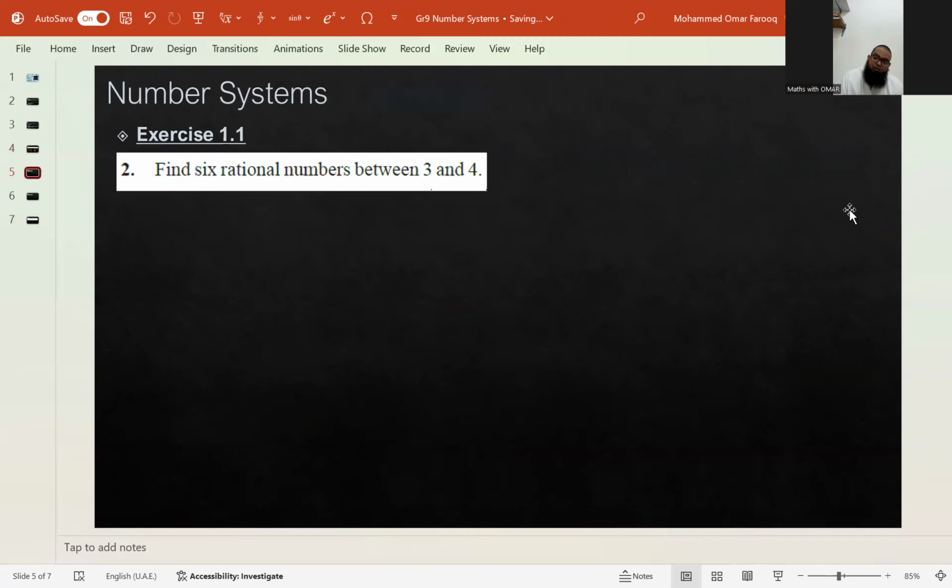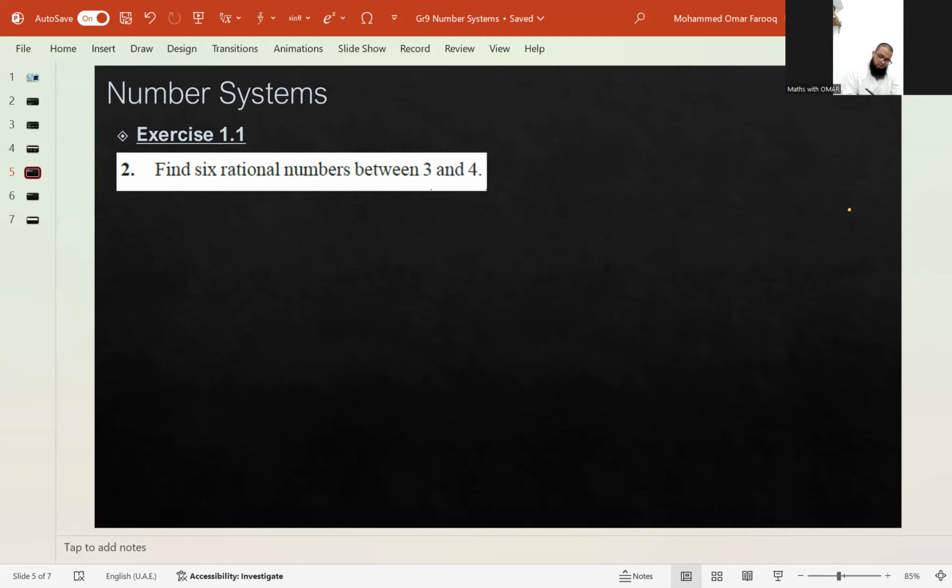The second question of exercise 1.1 is find 6 rational numbers between 3 and 4. Find 6 rational numbers between 3 and 4. Is it right, my dear students? So, 6 rational numbers between 3 and 4. We have seen in grade 8 that in order to find a rational number between any two given numbers, what we are supposed to do, the denominators should be equal.